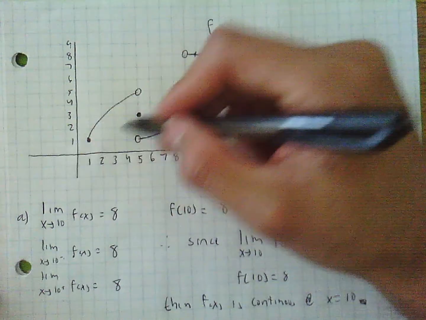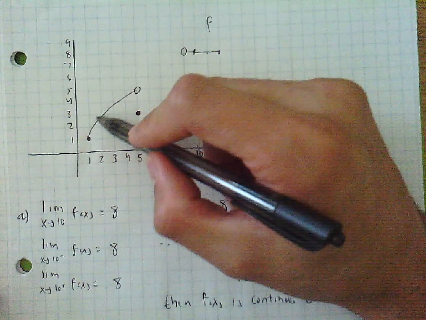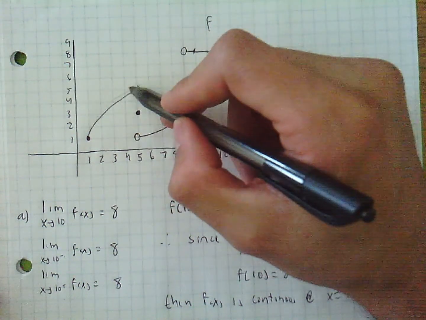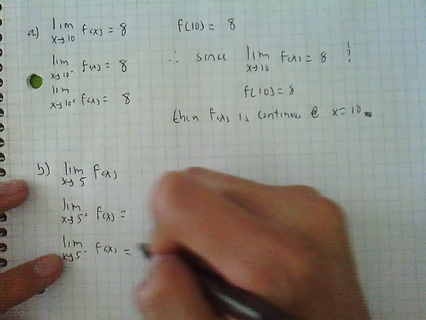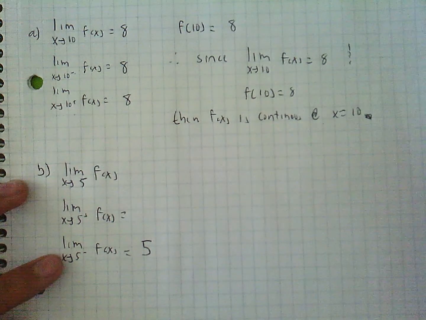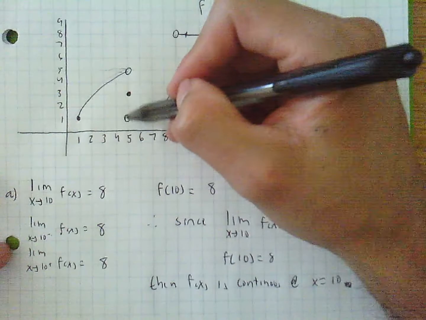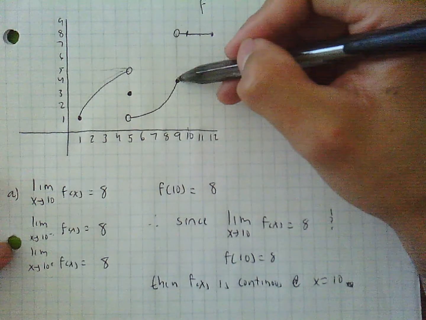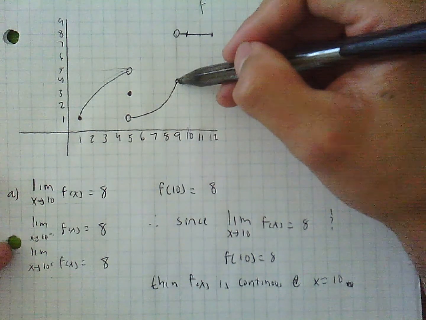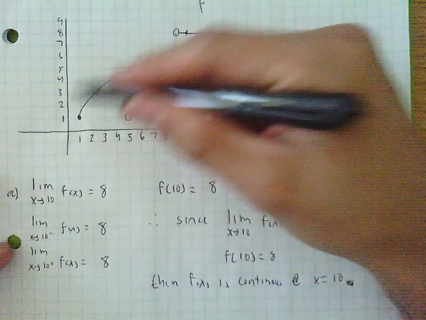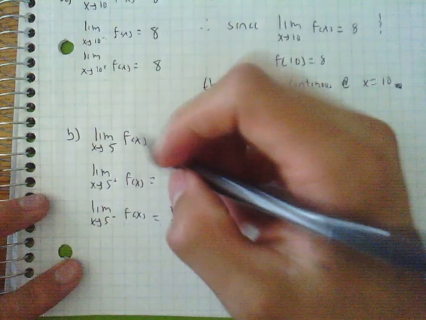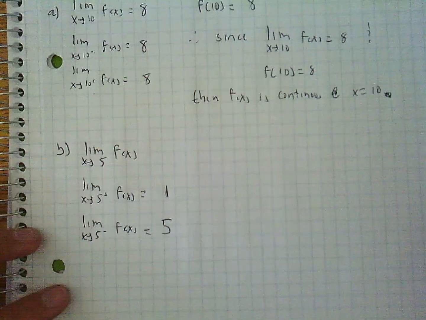If I go from the left side, that would be this side right here. As I'm approaching from the left side towards 5, I seem to be approaching the y value of 5, so the output would be 5 from the left side. So from the left, the limit would be 5. Now from the right, here's the right side of 5. So it's like I'm on this part of the graph. If I approach 5 from the right hand side, it looks like I'm approaching 1 as the output.